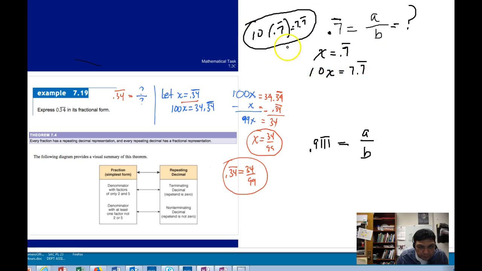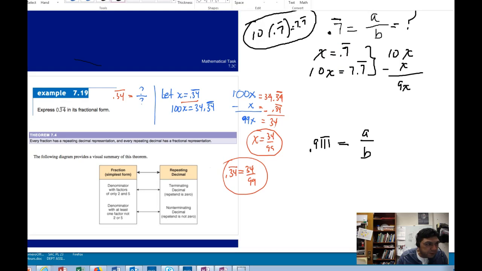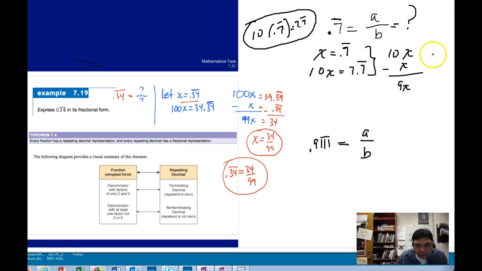And then with that trick, we do a little algebra and say, okay, what's 10x minus x? You say 9x. And then using equivalent representations here, 10x is equal to 7.7 forever, and then x is 0.7 forever.